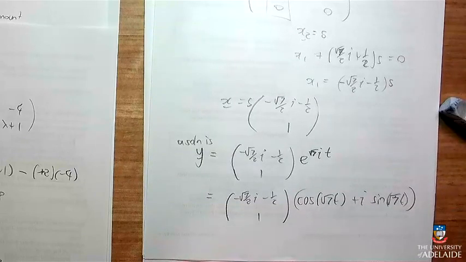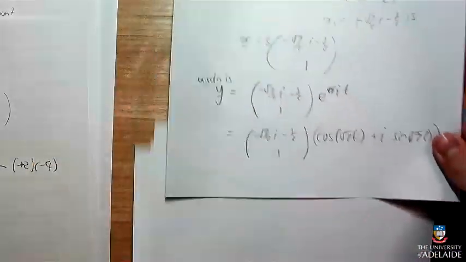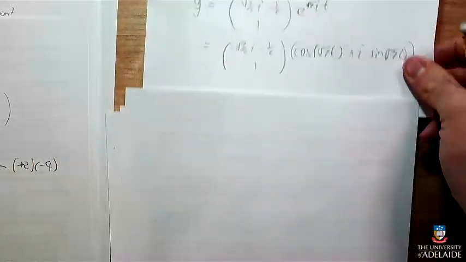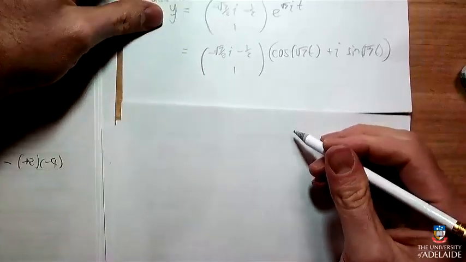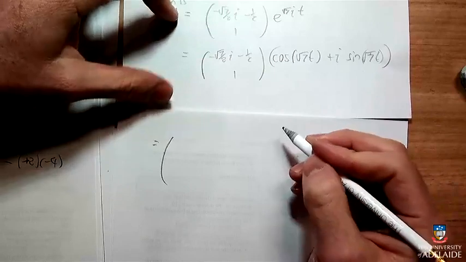Okay, so the e to the something i becomes cos of the something plus i times sine of the something. And then I'm going to have to expand that out. I reckon I've just got room to fit it in that top row.